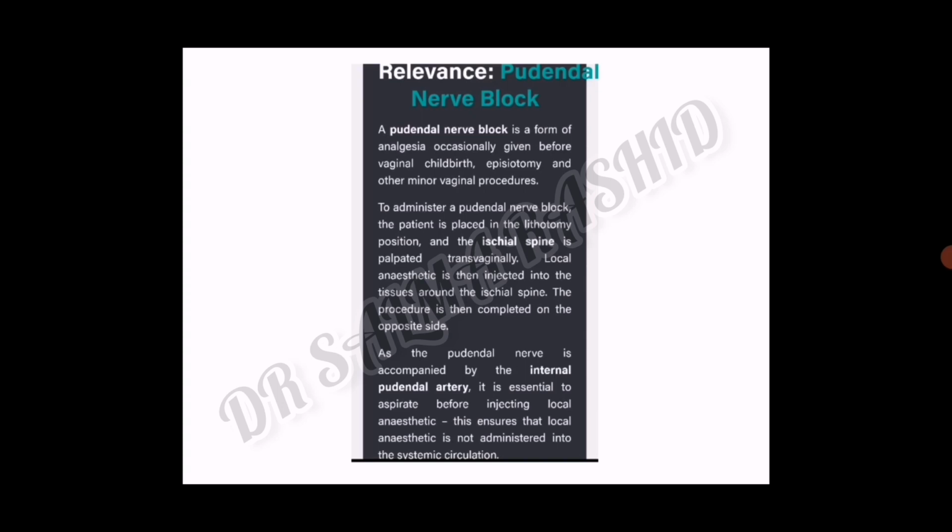Local anesthetic is then injected into the tissues around the ischial spine. The procedure is then completed on the opposite side. As the pudendal nerve is accompanied by the internal pudendal artery, it is essential to aspirate before injecting local anesthetic. This ensures that local anesthetic is not administered into the systemic circulation.